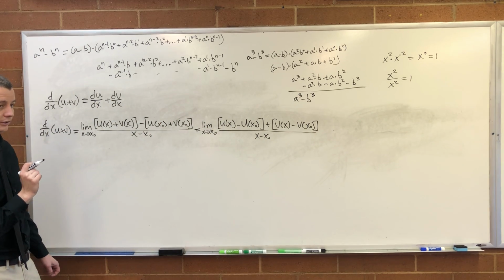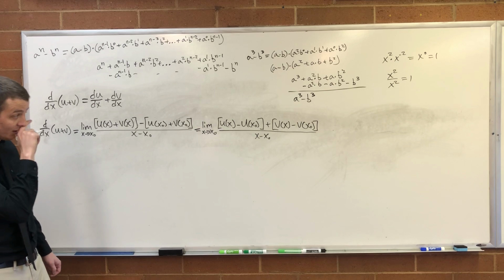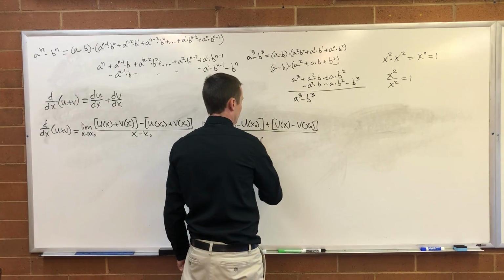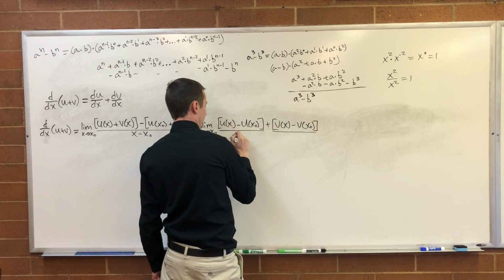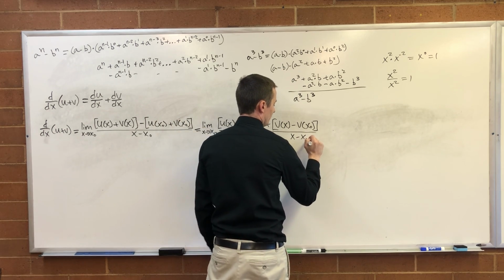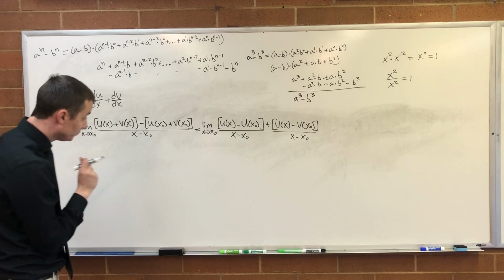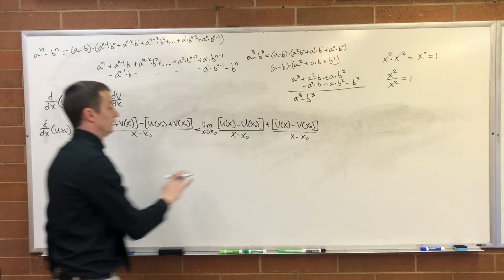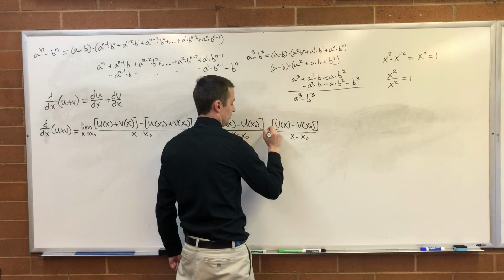Follow that? Just reordering the terms in the numerator. Now I can split the fraction in two. So I can write this over x minus x naught and this over x minus x naught, right? Okay. Now, move the plus sign down here.